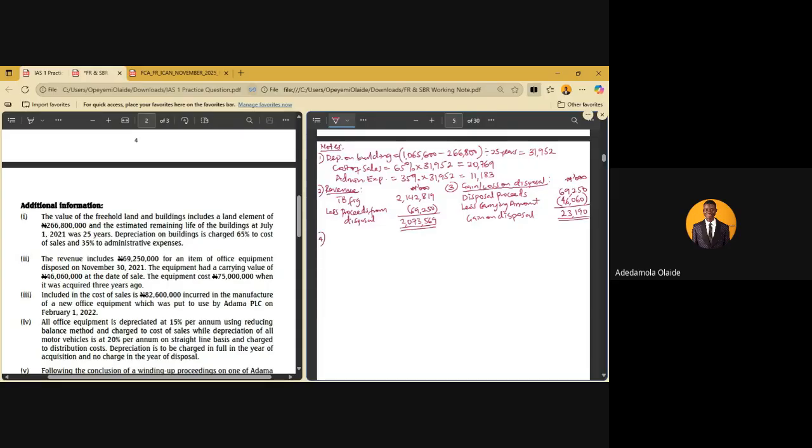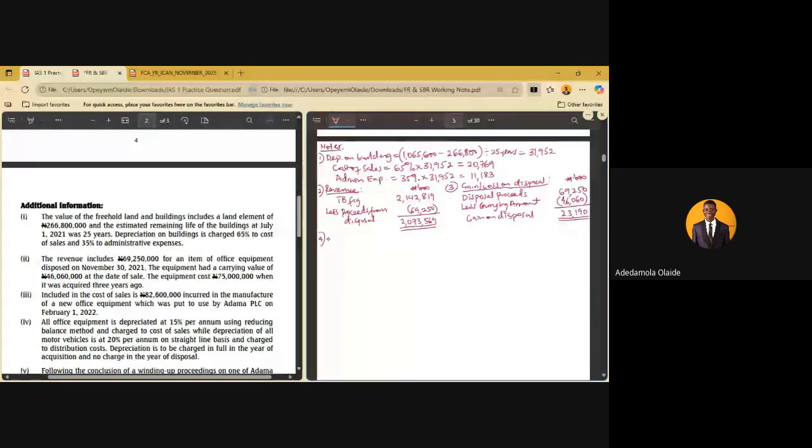Okay. So note 4, we have what? We were told that included in cost of sales is 82,600,000 incurred in the manufacture of a new office equipment which was put to use by Adana PLC on February 1, 2022. Manufacture of a new office equipment shouldn't be part of their cost of sales, it should be capitalized. So we need to correct that from the cost of sales.